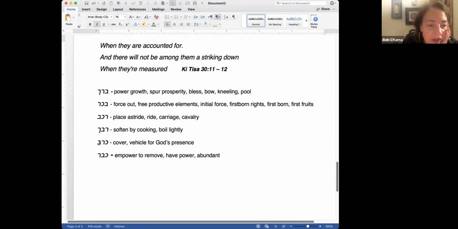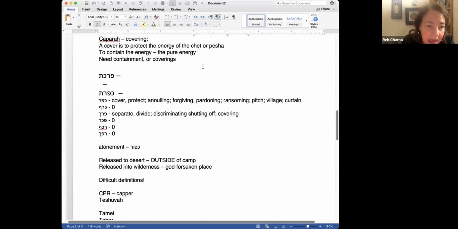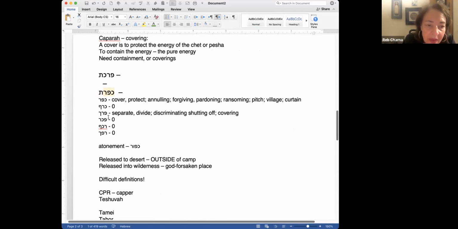Kaf Resh Beit, Kaf Beit Resh. If you really want to understand a word, you look at all of its permutations. Now, not every word has all the permutations. For example, here is a 4-letter word root, but the 3-letter root of it is Kaf Pei Resh. In this one, only 2 of the words can be permutated.